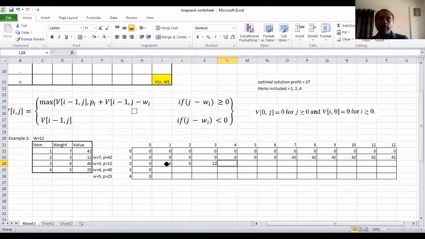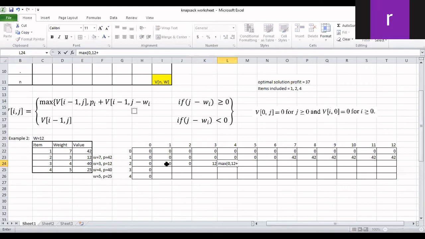Next, the previous profit is 0, and it's a maximum we can accommodate. The current item's price is 12, plus V of I minus 1, J minus WI. So WI is 3, J is 4. So 4 minus 3 is 1, column becomes 1, so it is 0.